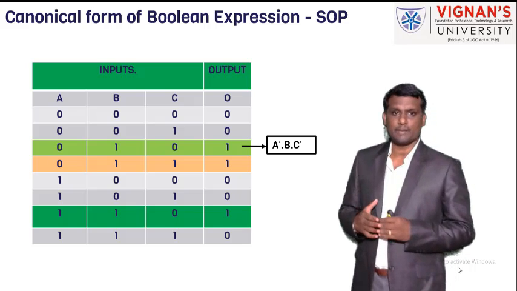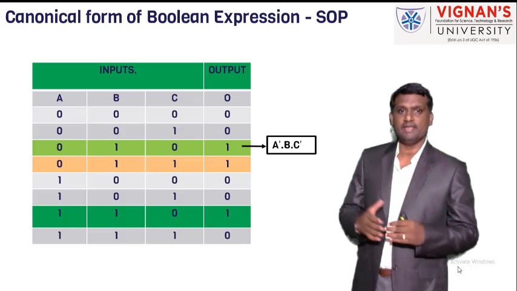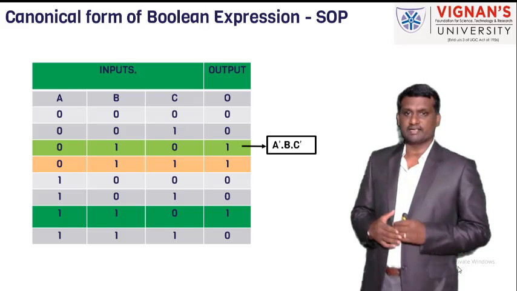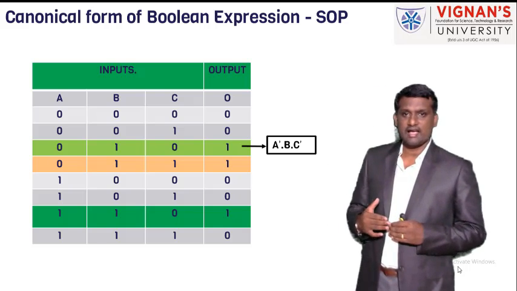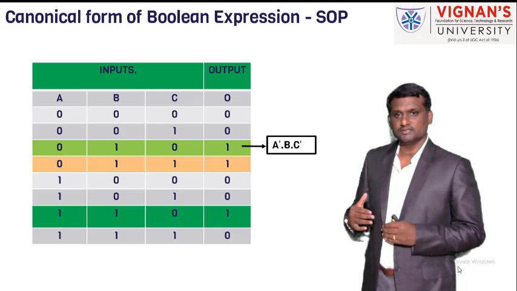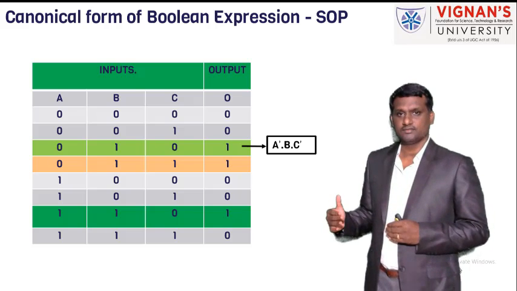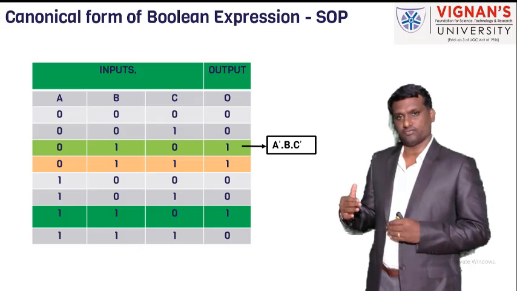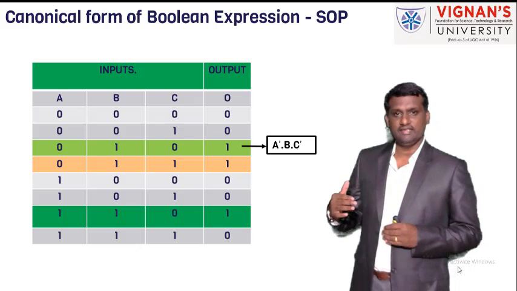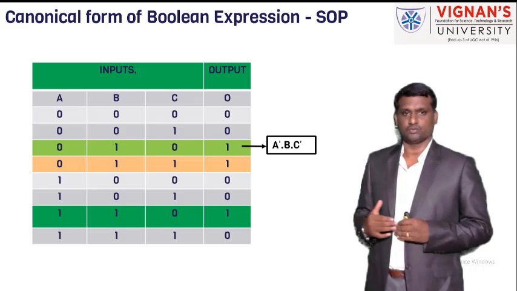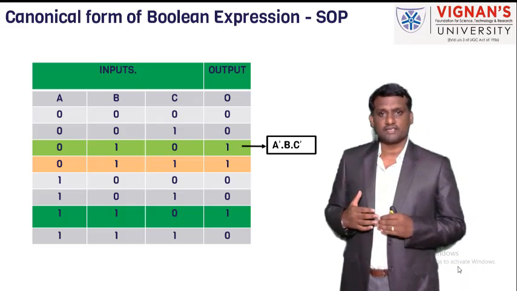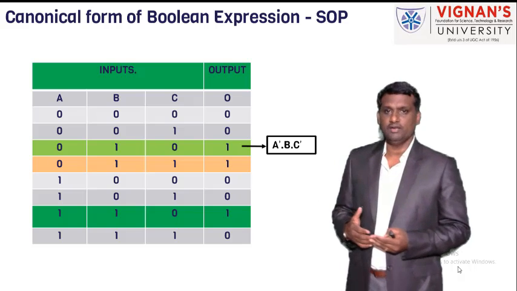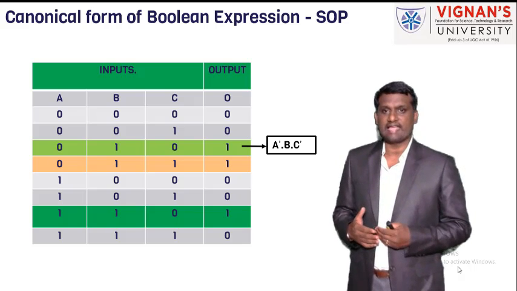Because the variable A has 0, variable B has 1, variable C has 0. 0 is nothing but the complement of the variable, and 1 is nothing but the direct variable.